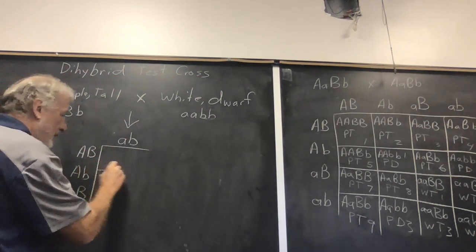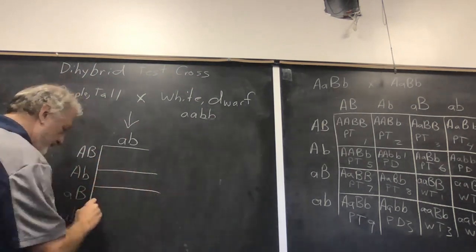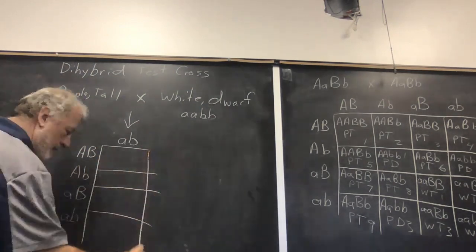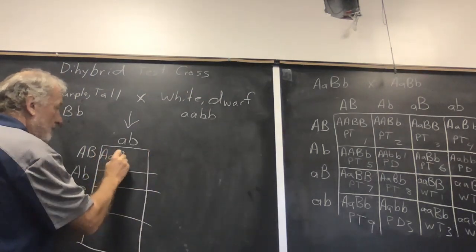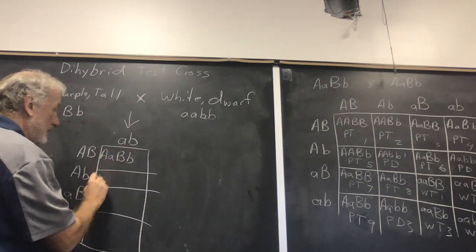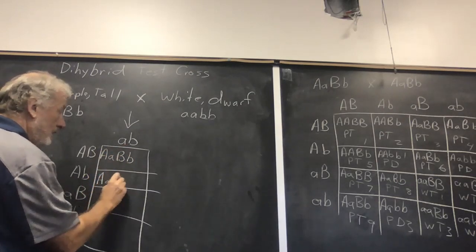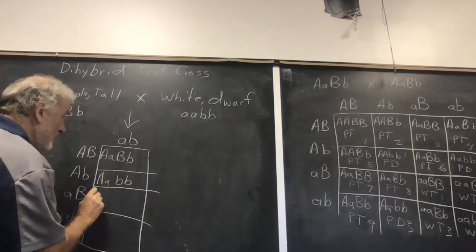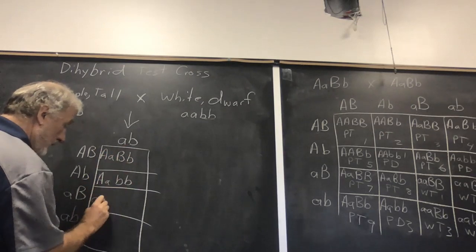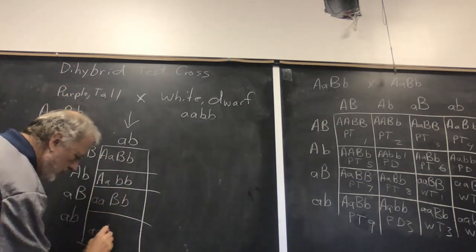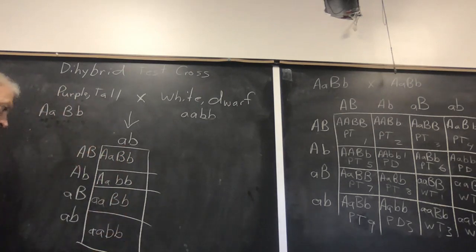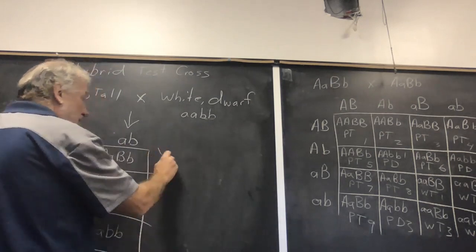So again, our Punnett column, if you will. Let's fill that in. Big A, little a, B, and little a, B, in about equal numbers.